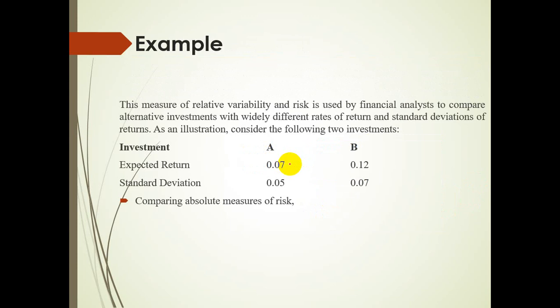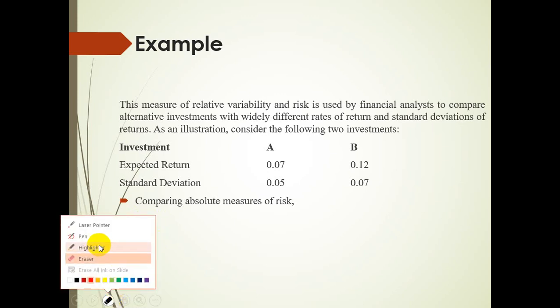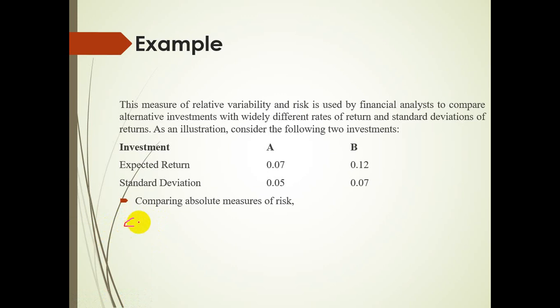So we are using relative measurement of risk to compare which of them are better for our organization and which of them are not good for our companies or organizations. So here again we will calculate what we represent as CV, right? So I am writing CV, coefficient of variance, equal to what?